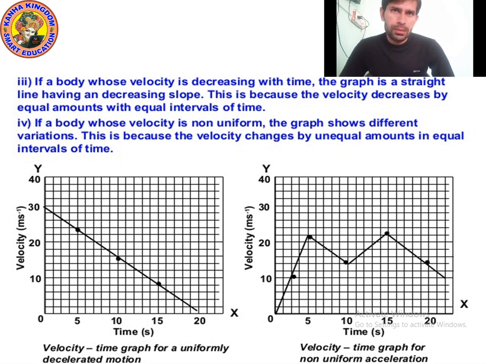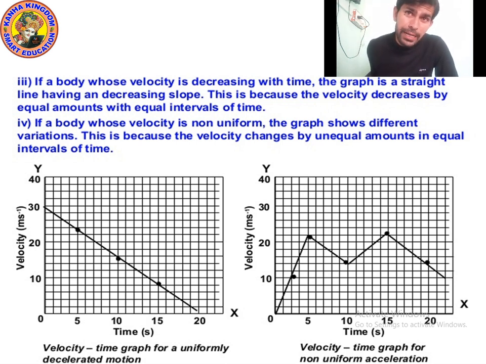Suppose you started the car suddenly, and the velocity is 30 meters per second. After 5 seconds you slowly decrease the speed using the accelerator, so the value becomes 20 meters per second.